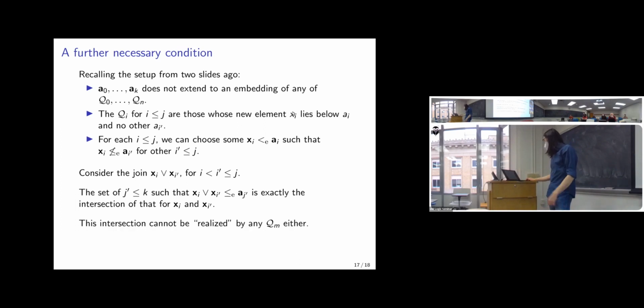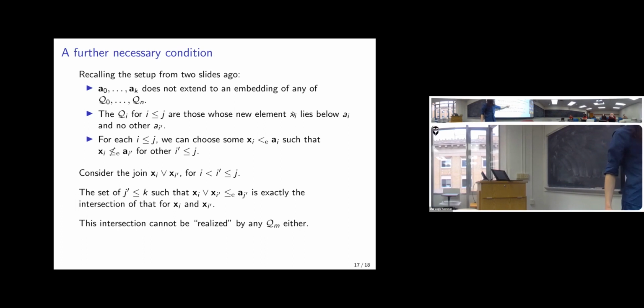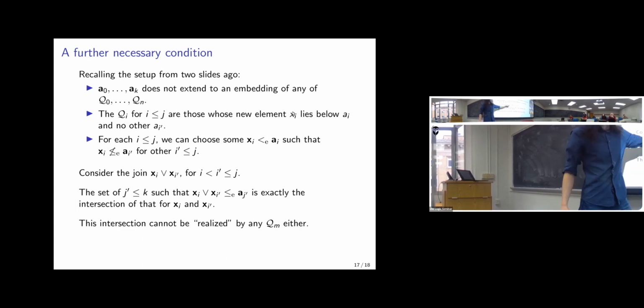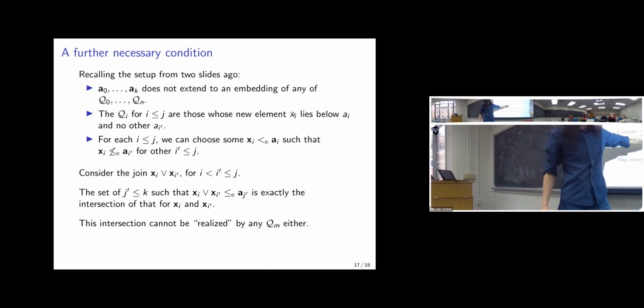And so this intersection cannot be realized by any Qm, in the sense that we need to make sure that if we take this and extend the embedding using this, then it doesn't become an embedding of any of these.